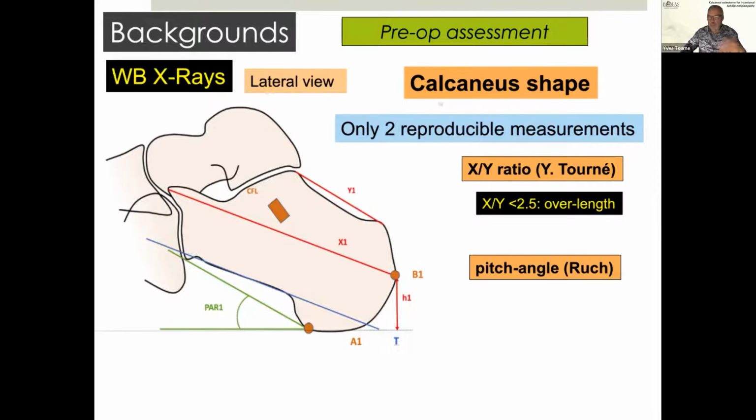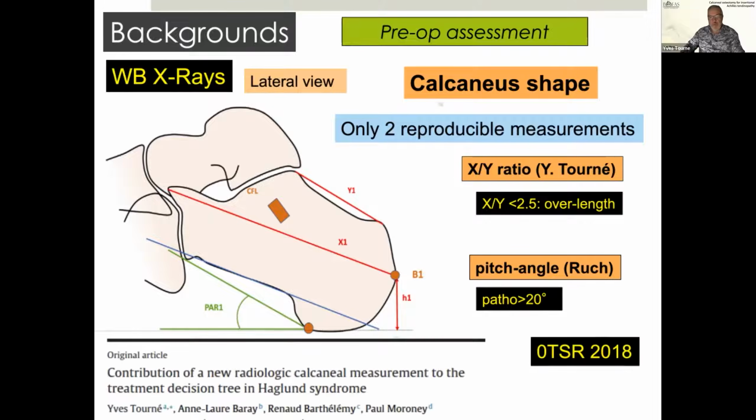And the second one, older, is the pitch angle of Rush. When it is over 20 degrees, you have the pitch angle increased. We published these first results of this reproducible measurement in OTSR in 2018.